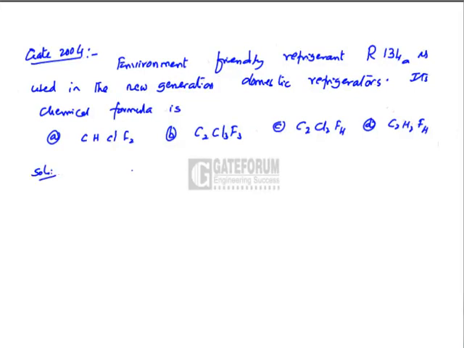The code is given as R134A. First digit is equal to number of carbon atoms minus 1, therefore C is equal to 2.